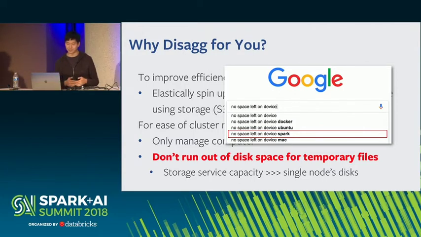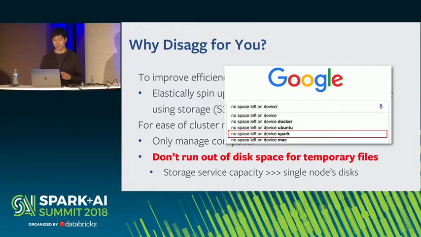And I've heard anecdotally that this is a problem that frustrates people to no end, that their nodes essentially run out of disk space because of the temporary files. And this is a hard problem because you're capped at the size of your single node's disk if you're in a collocated cluster. While if you're using Disagg, then you're using some storage cluster, and the capacity there combined, of course, is a lot bigger than your single node's disk.